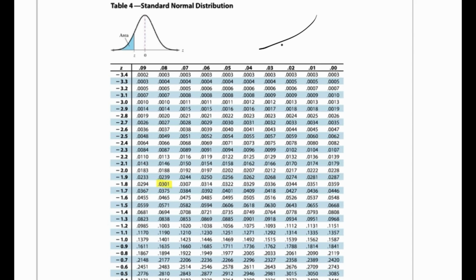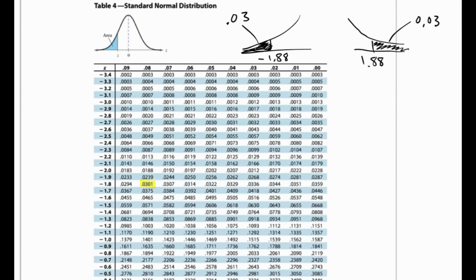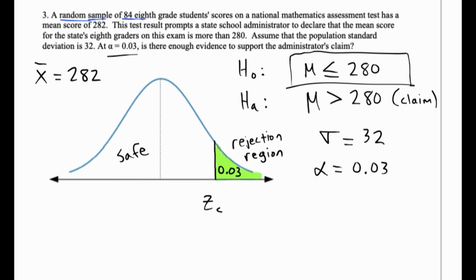They're talking about this tail here being 0.03, and then apparently the Z that goes along with that is negative 1.88. But because of the symmetry of the normal curve, there must be an equal tail on the opposite side, which would have a Z of positive 1.88. So I can still use the normal table. I'll just switch the Z that I get to positive though. Okay, so the Z that I need for my problem is positive 1.88.